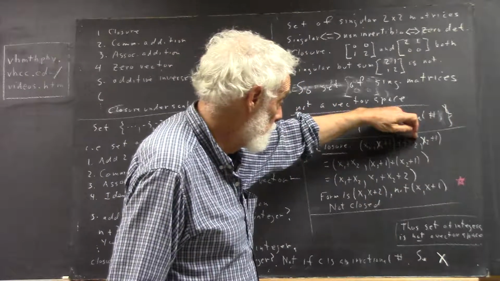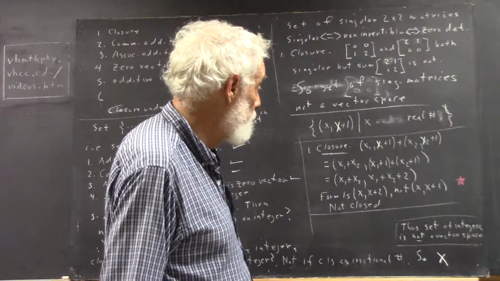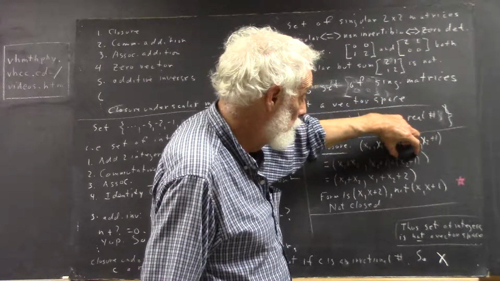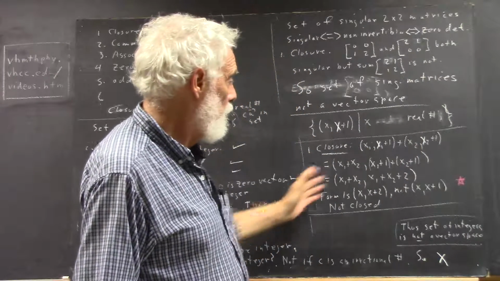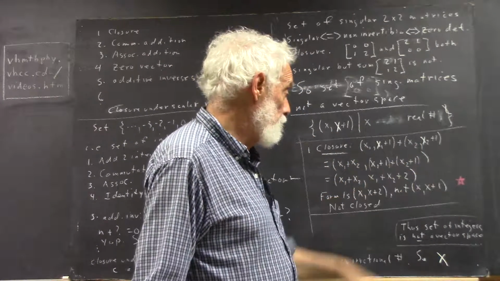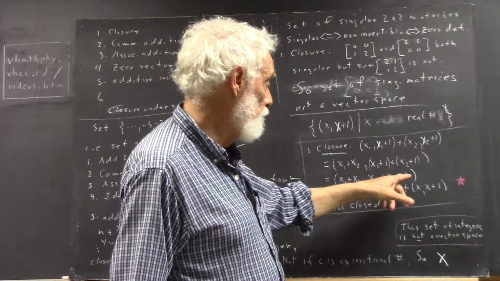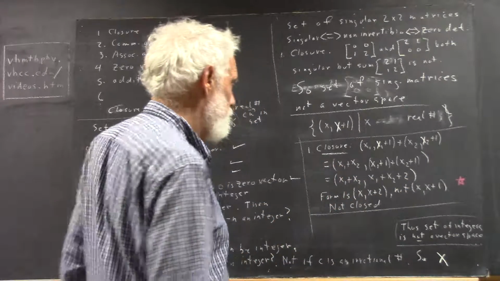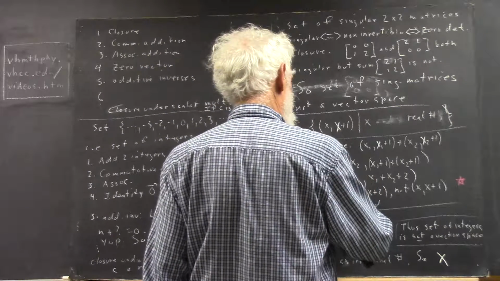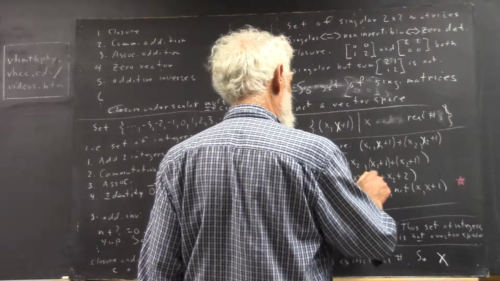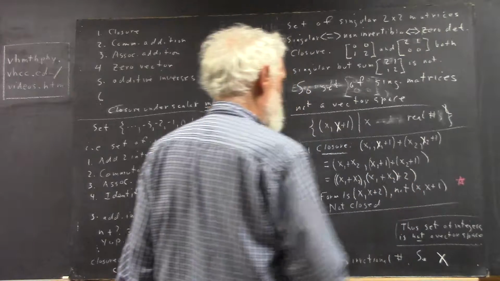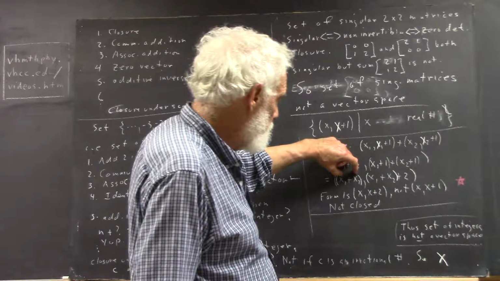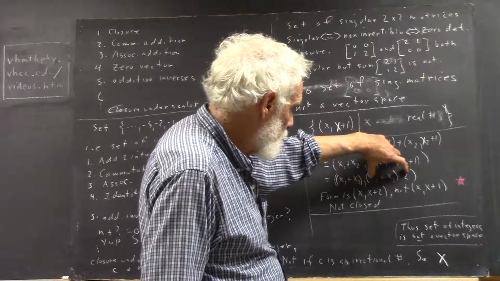Well, we get x1 plus x2 for our first component, and (x1 plus 1) plus (x2 plus 1) for our second component. When we simplify the second component, we have x1 plus x2 plus 2. Just to emphasize this, I can put parentheses around this x1 plus x2 and around this x1 plus x2 to show here's the first component and here's the second component.